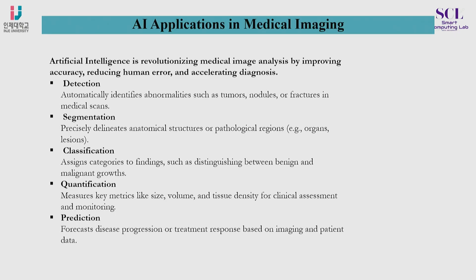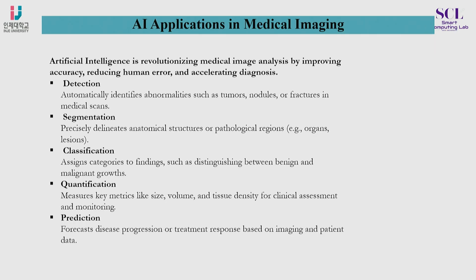And the applications: AI applications in medical imaging. You are all very familiar with these kinds of techniques. For example, we use AI for detection, segmentation, classification, quantification, and prediction. In detection, we use AI techniques for tumor detection, finding the affected part in the images, and fracture parts in the bones.